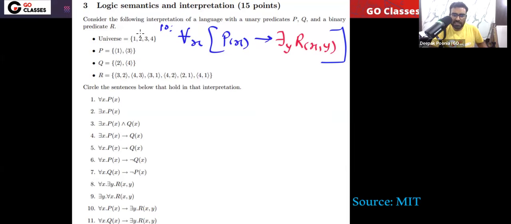If I take x equal to 2 and 4, the internal thing will be true. So I only have to check 1 and 3, because for 1 and 3 P is true. For those I have to check whether there exists a y such that R(x, y) is true or not.